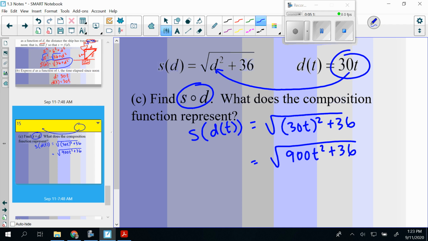What does this function do now? Well, this is now a function s that is only dependent on the time. Time is the only variable.